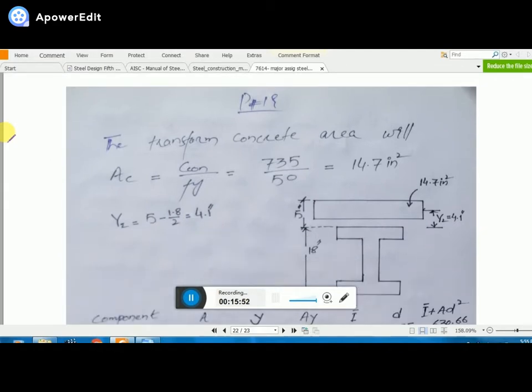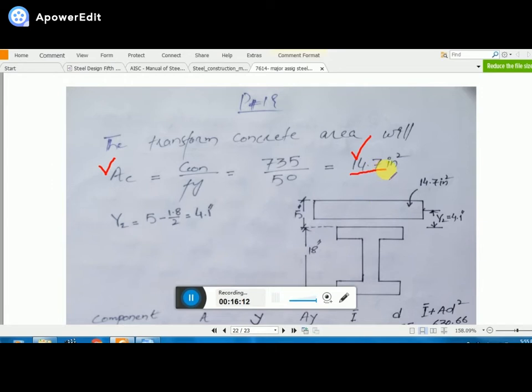First of all, to move forward and to calculate ILB, we need this effective area of concrete, which is basically taking part in bending, and plays its role in bending strength. So this is basically 14.1, 14.7.